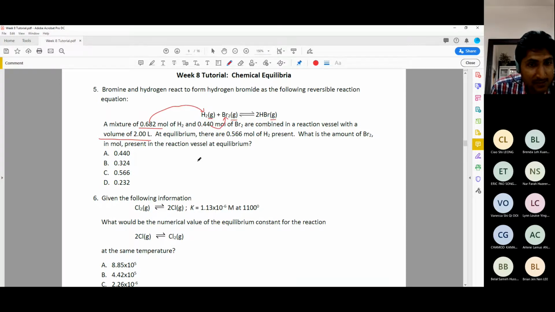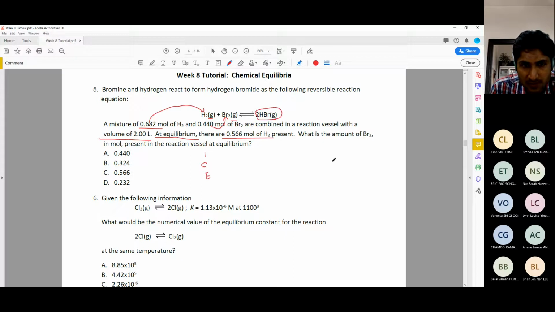Started, that means at the initial point, ICE table. We have to produce an ICE table because at equilibrium, only the concentration of hydrogen gas is given, not the bromine or the hydrogen bromide concentration.